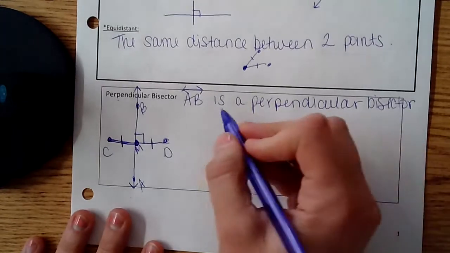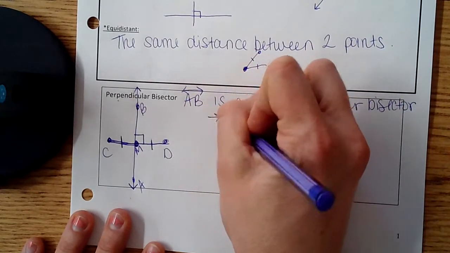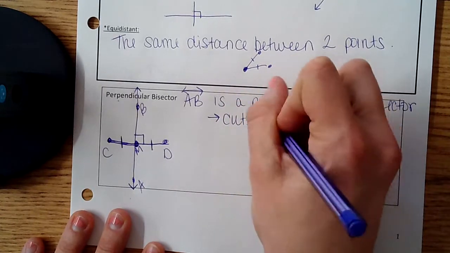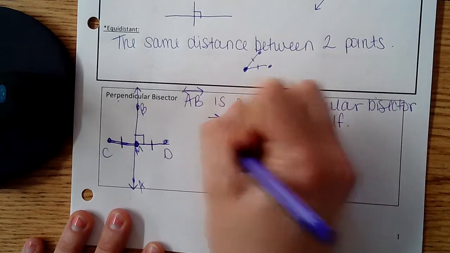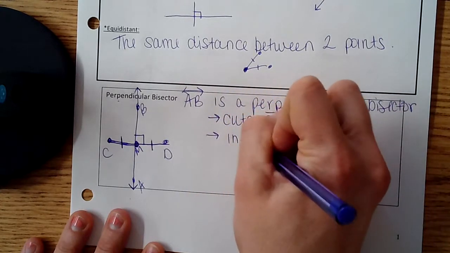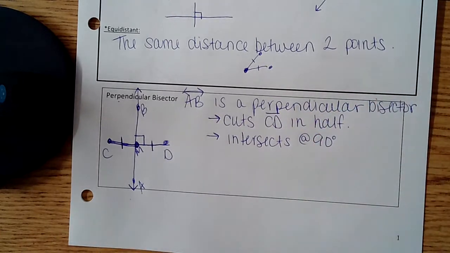It cut it in half, but it went in at a different angle. So AB is a perpendicular bisector. It did two things. It cuts CD in half, and it also intersects at 90 degrees.